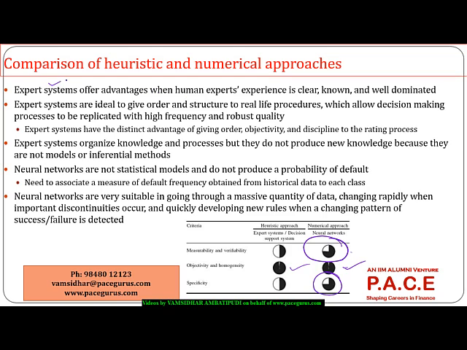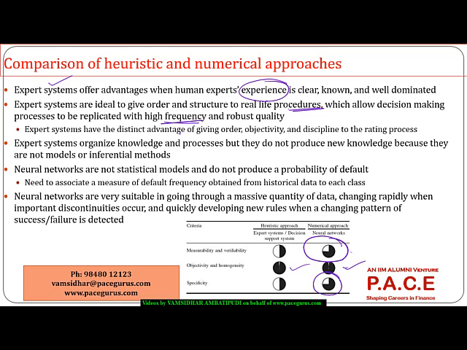The place where I can use the expert systems is when the experience is very high for the expert, a known, highly dominant experience exists for the expert. In that case, I can very well go ahead with the expert system, because expert systems are very comfortable when we are talking about real life procedures, where the decision making is typically replicated with high frequency.